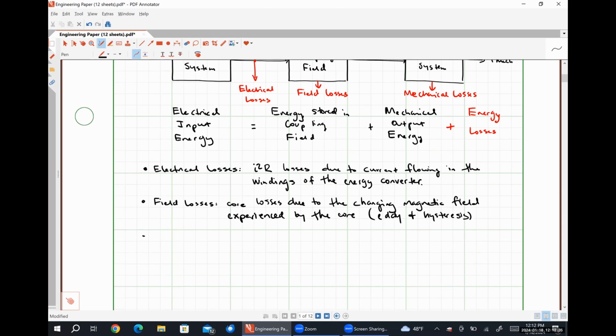Where our mechanical losses are the friction and windage losses due to the motion of moving components.